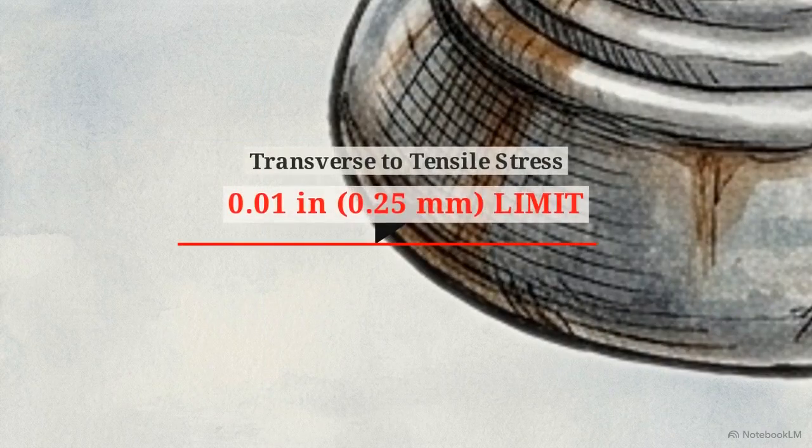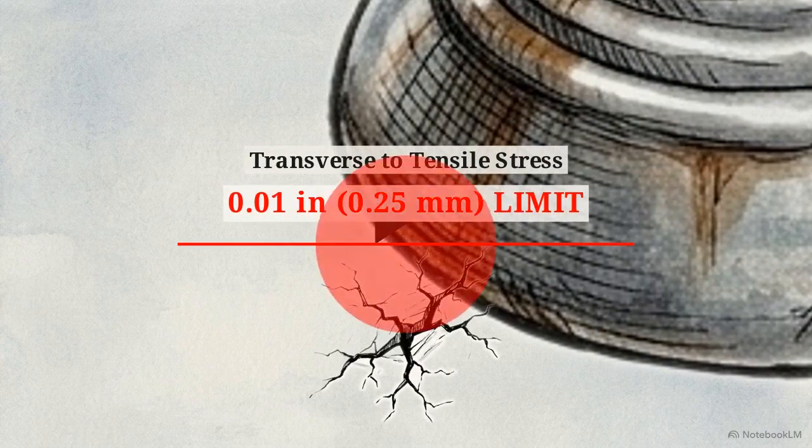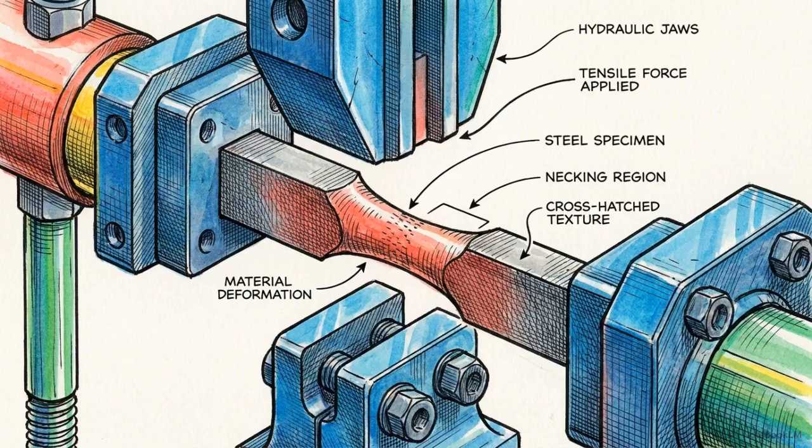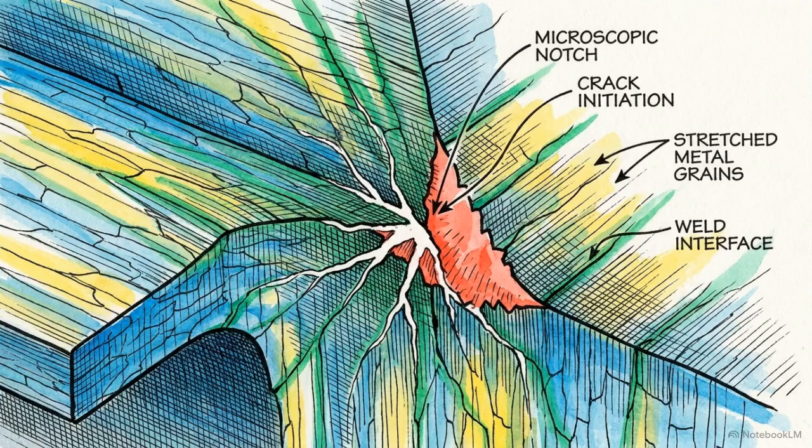Undercut located transverse to tensile stress is strictly capped at a microscopic 0.01 inches, a quarter of a millimeter. This 0.01 inch limit is the direct result of fatigue physics. A sharp defect located in a tensile zone is the exact mathematical geometry required to initiate rapid crack propagation.